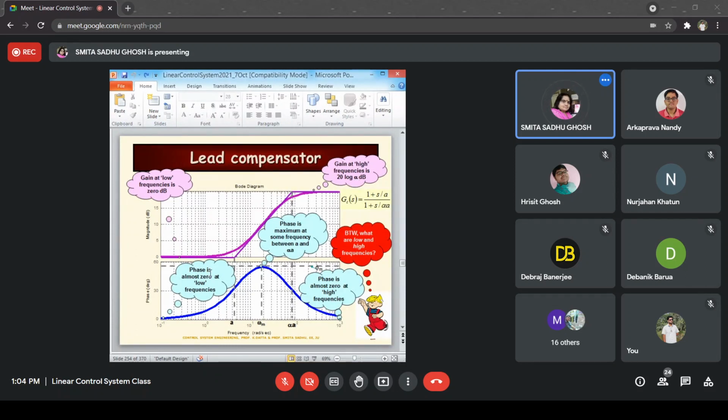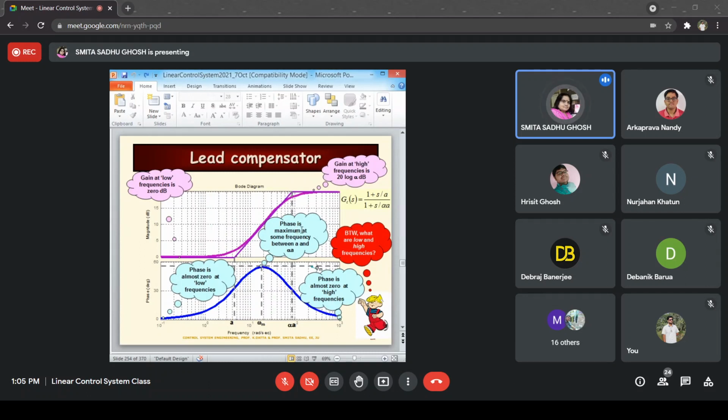So now coming to the phase plot, the phase is almost 0 at low frequencies, as I mentioned. Now it is going to rise. For other frequencies it is going to have a positive contribution, so it is going to rise and then again fall and come to zero at high frequency, right? So somewhere between the two corner frequencies there will be a frequency where the phase value is maximum, right?